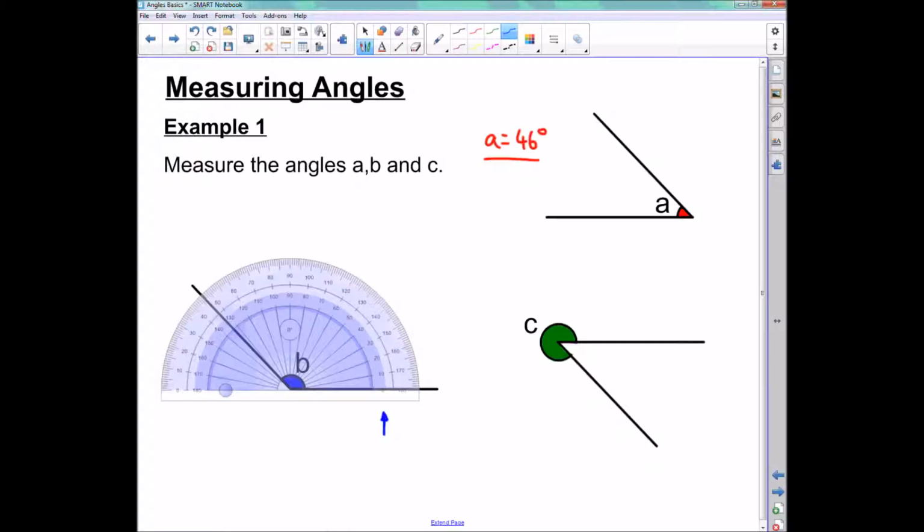Okay, so counting around the inside scale, you can see I've got 10, 20, 30, 40, 50, 60, 70, 80, 90, 100, 110, 120, and 130, which is here. Now I'm going to count all the individual units, 131, 132, 133. So B equals 133 degrees.